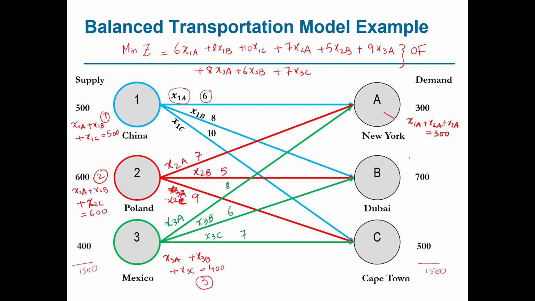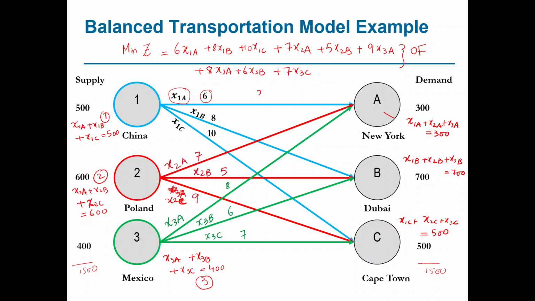In a similar way, we can write for Dubai: x1b plus x2b plus x3b, equal to 700. And for the third destination, it will be x1c plus x2c plus x3c, which must be equal to 500. So we have three constraints for supply and three for demand, so six constraints in total.